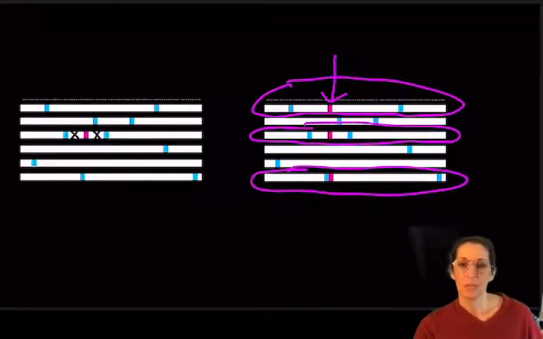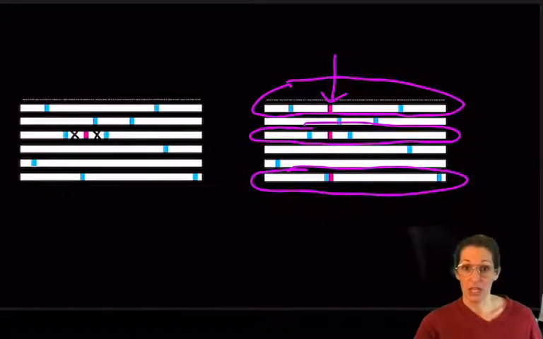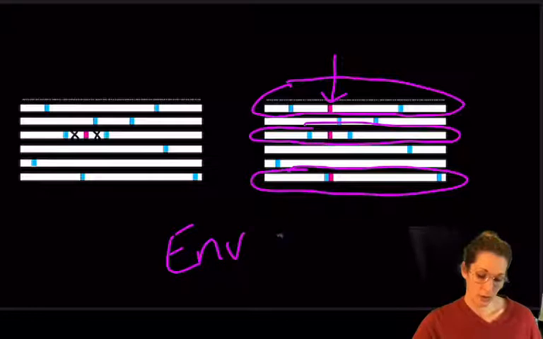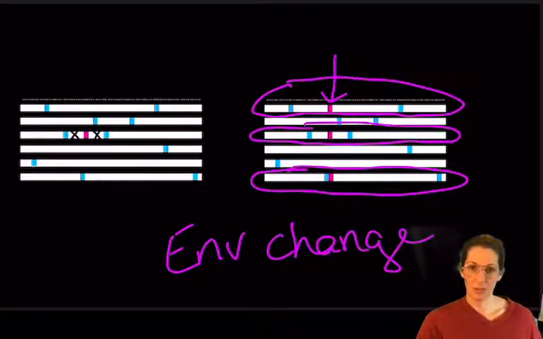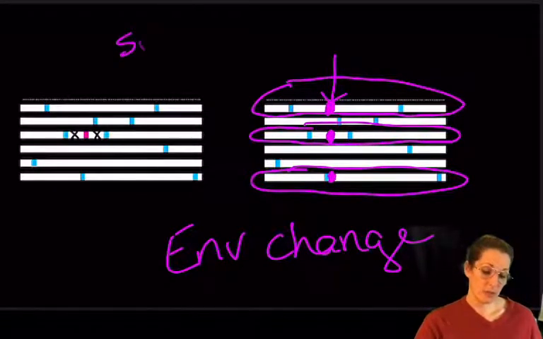Okay. Then imagine, boom, we have an environmental change. And so now we're getting selection for this allele. In this case, this is a soft sweep.